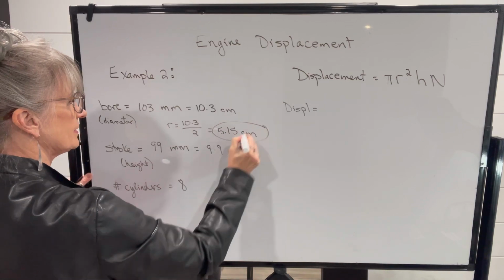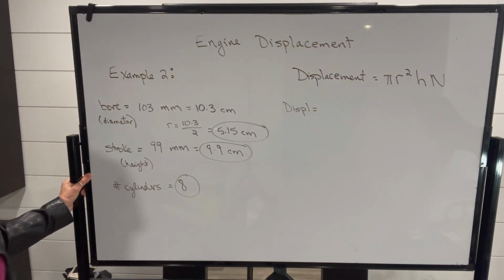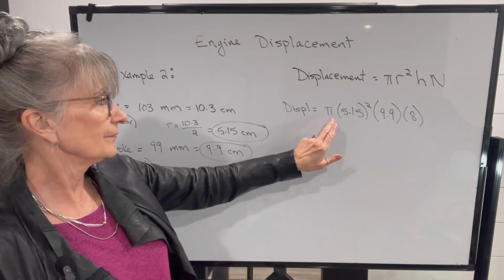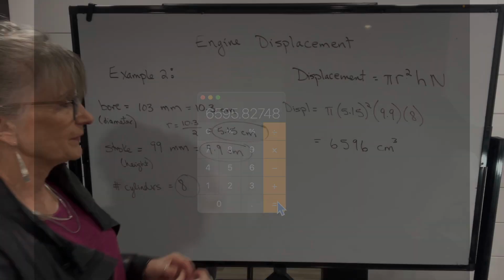Once I have the radius, the height, and the number of cylinders, I can plug into my formula. Again, on your calculator, 3.14 times 5.15 times 5.15 times 9.9 times 8 to get a volume of 6,596 cubic centimeters.